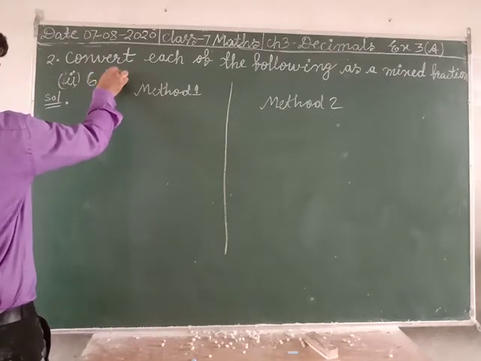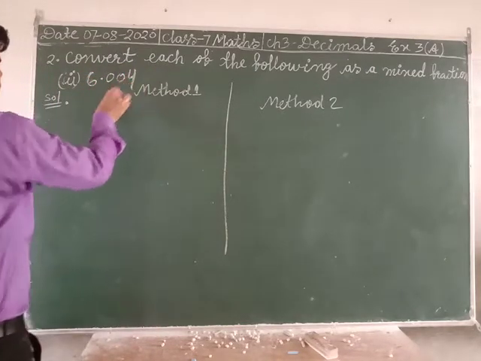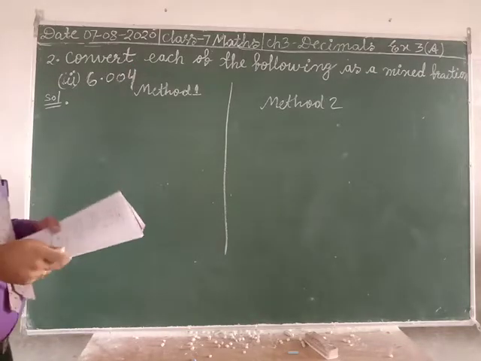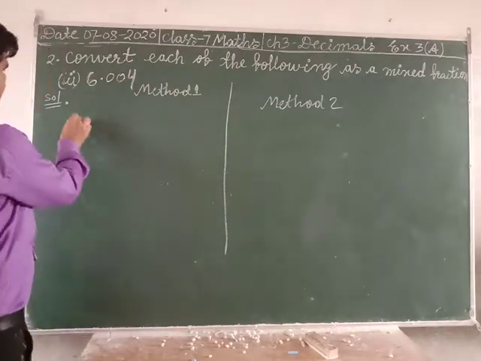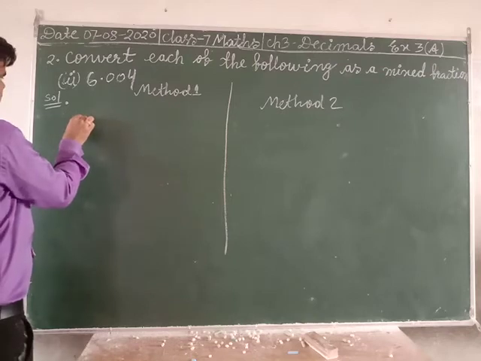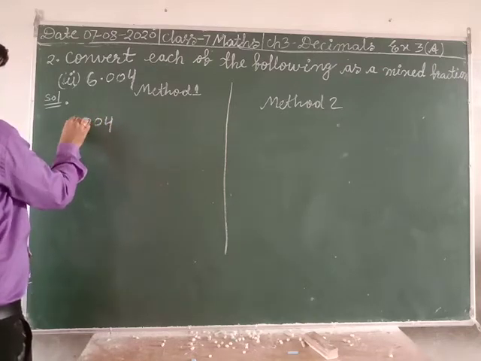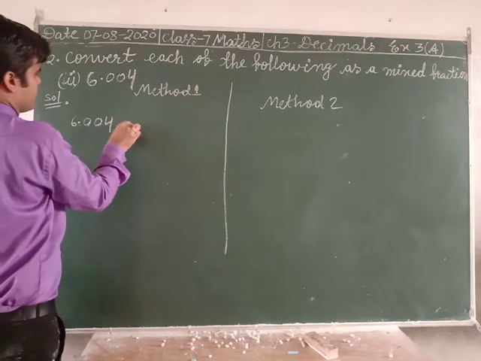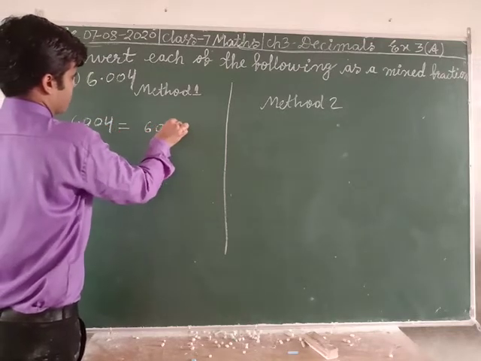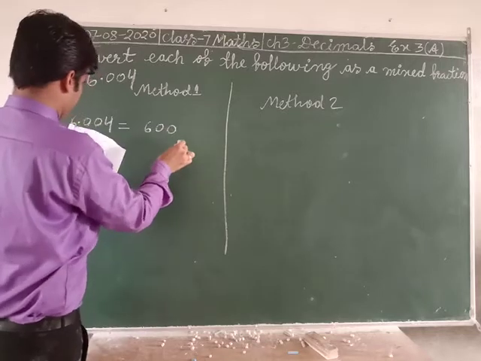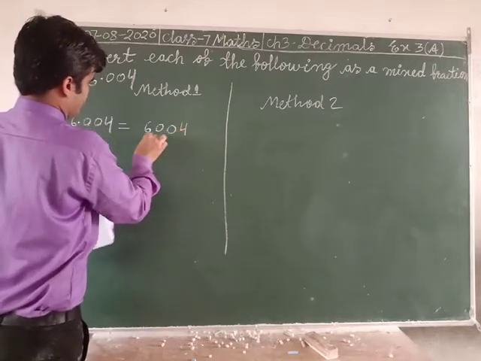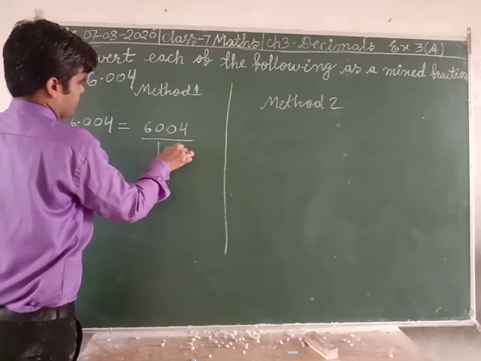Okay, students. Is it clear? So here I write 6.004 is equal to 6,004 upon 1,000.